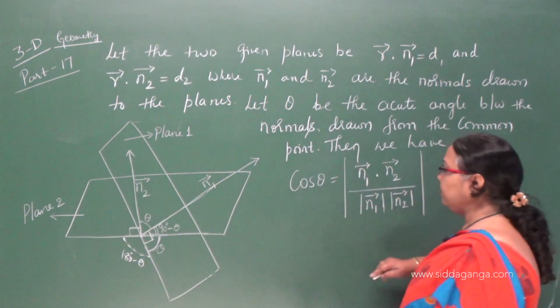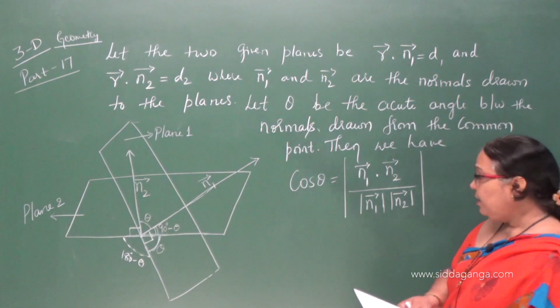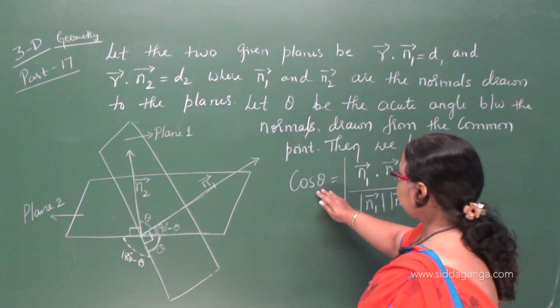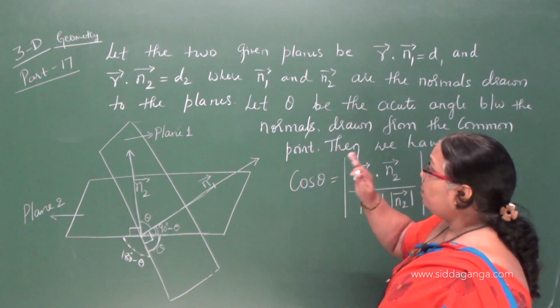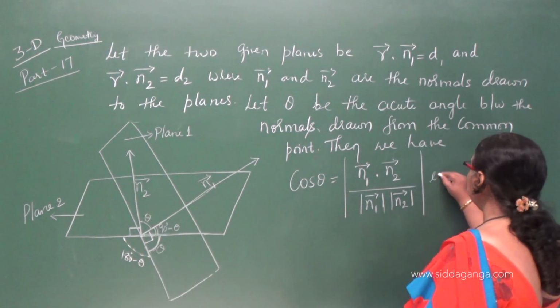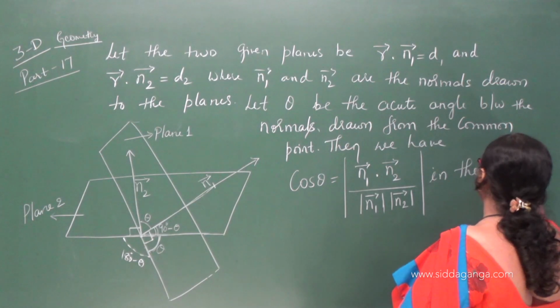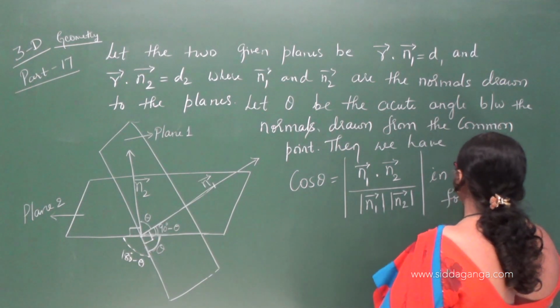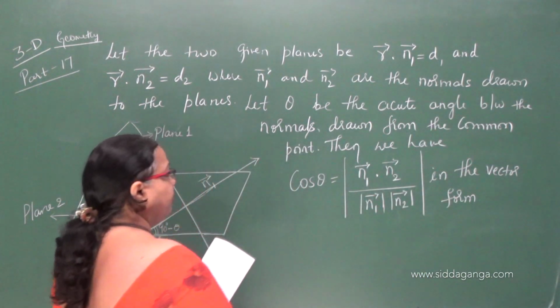For the acute angle, we put the modulus. So this is the formula used in the vector form.